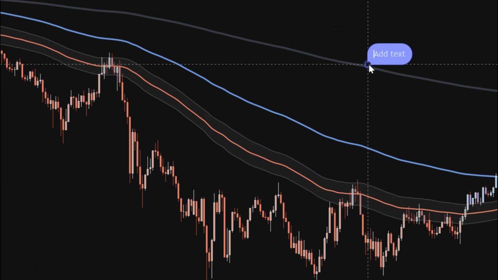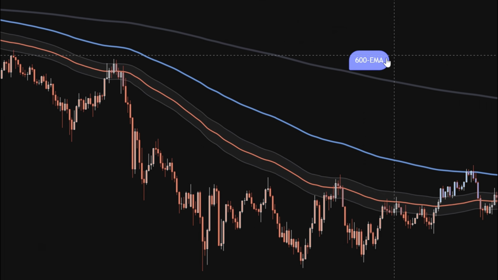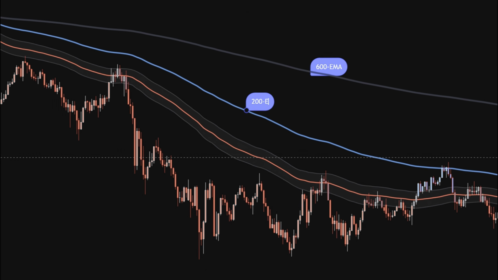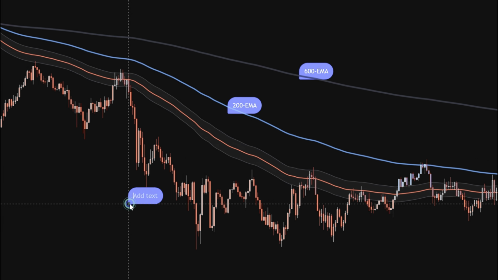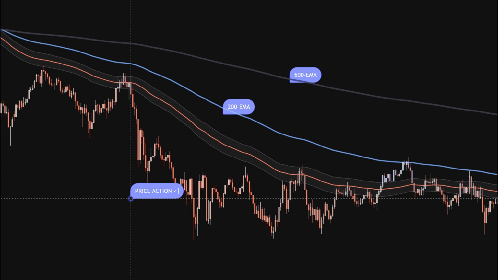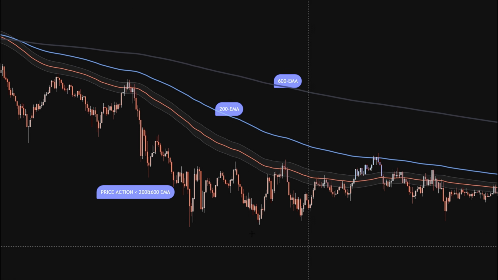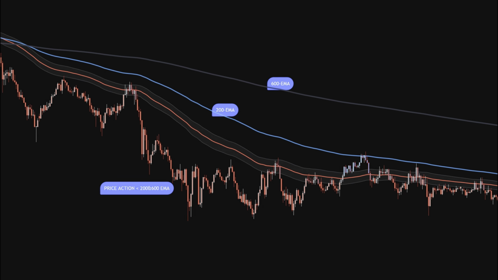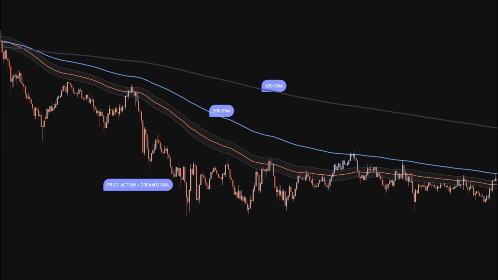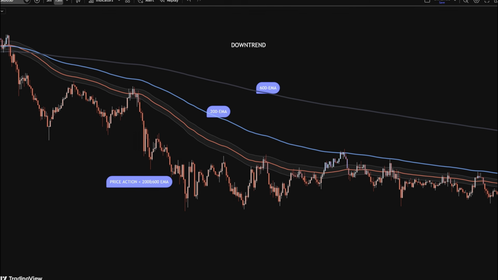In a downtrend, price is below both lines. Sellers are in control. The market is making lower lows. Bearish momentum is dominant. This isn't complicated, but most traders ignore it. They see a green candle in a downtrend and think it's a reversal. It's not. It's a pullback inside a larger bearish structure, and that's where retail gets trapped.